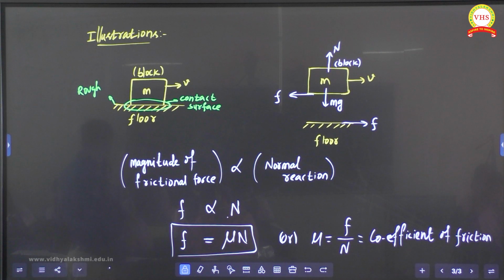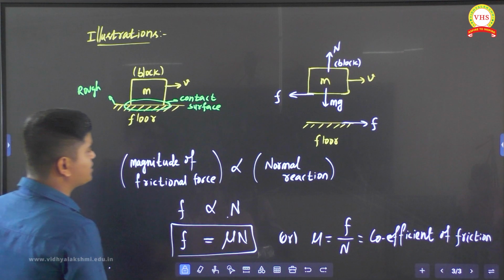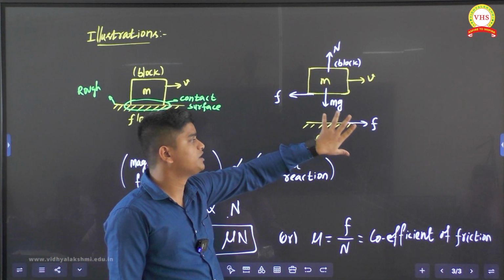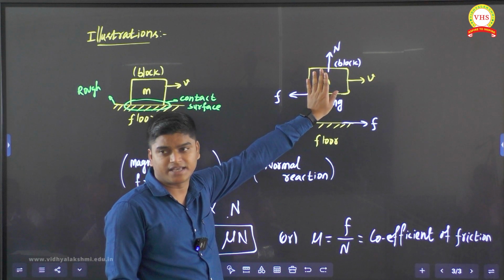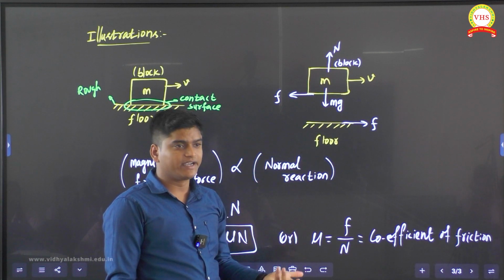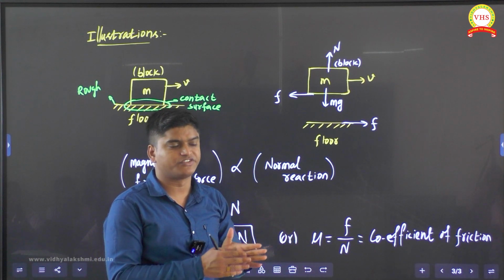So note it down, all of you. Always remember, friction opposes relative motion between two objects. If one object moves forward and another object is at rest, then friction will try to act on that moving object in such a way that it will make it rest. But on the rest object, it will act in such a way that it will try to move, because if the floor is moving with the same velocity as mass m, then there will be no relative motion between the two objects.